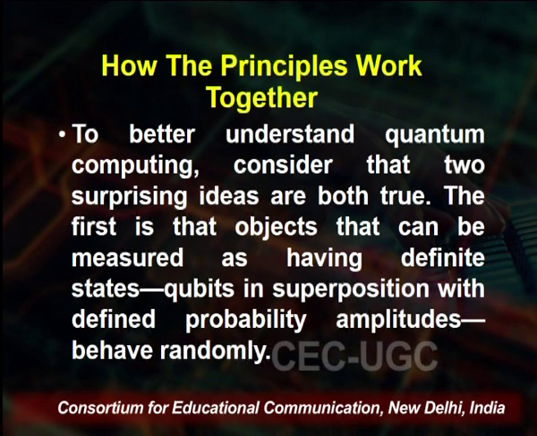The second is that distant objects, in that case entangled qubits, can still behave in a way that, though individually random, is strongly correlated. Again, the two principles: first is superposition, second is entanglement. Superposition means qubits have probability amplitudes, and entanglement defines the relation between them.